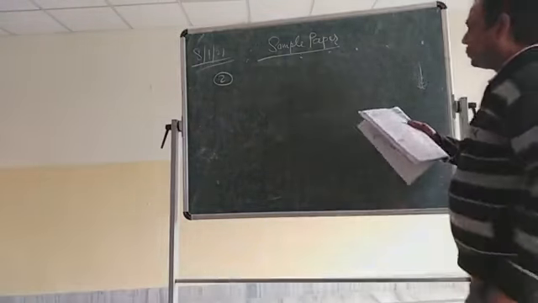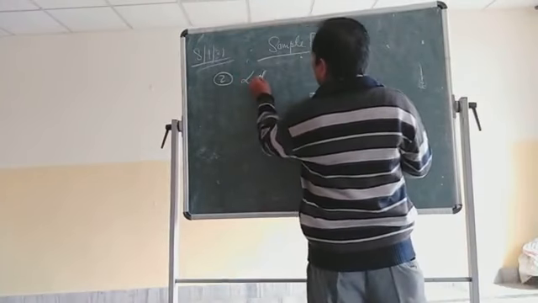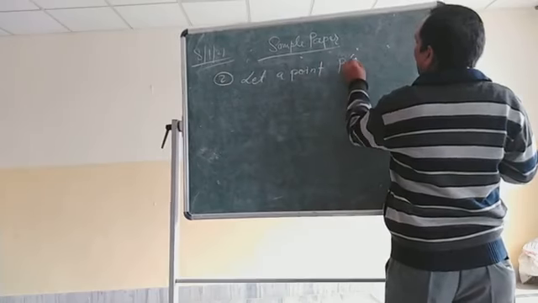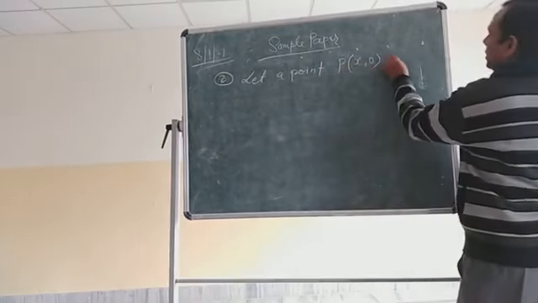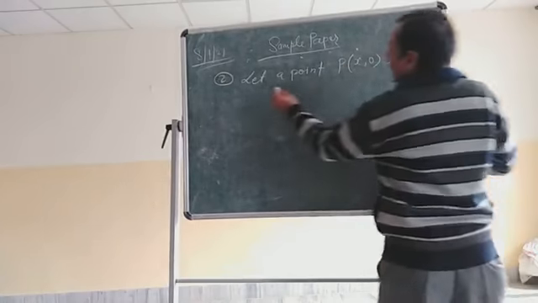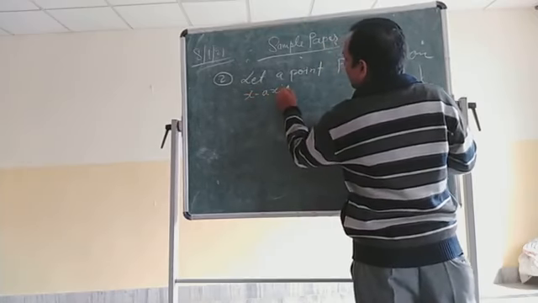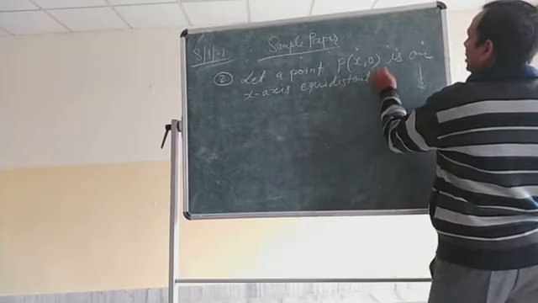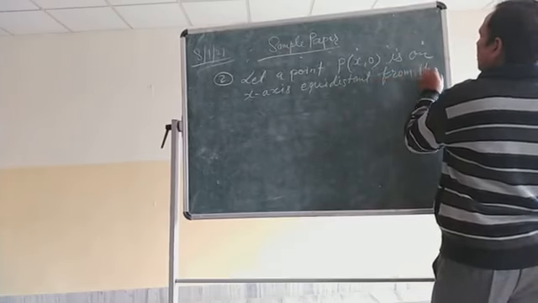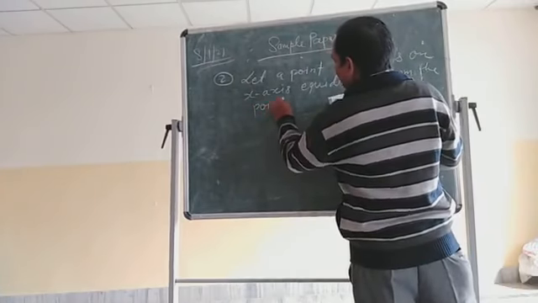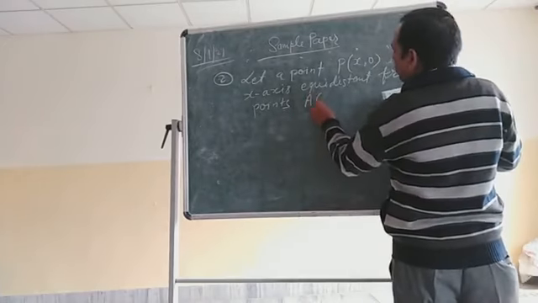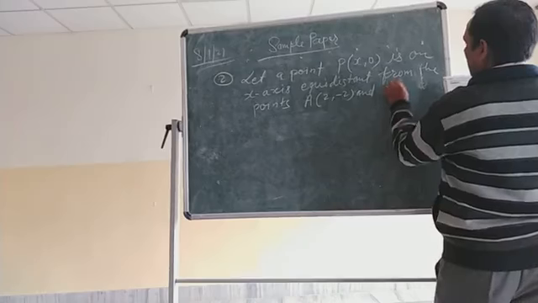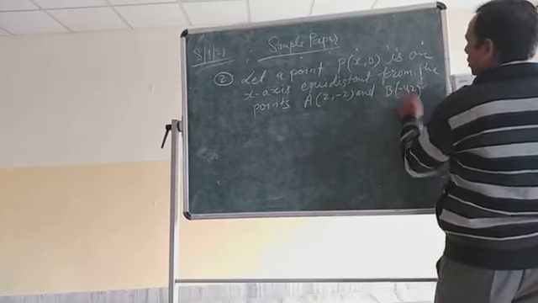Okay, so let us check. We write: let a point P(x, 0) on the x-axis be equidistant from the points A(2, -2) and B(-4, 2).